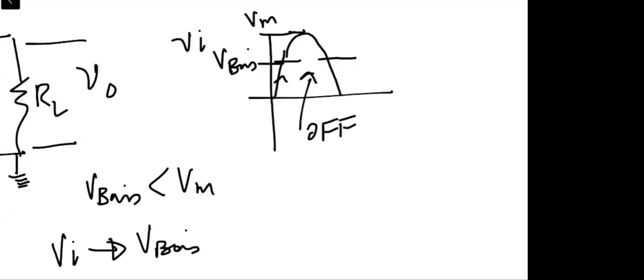And once Vi is crossing the V bias, the diode is in the on state, right?